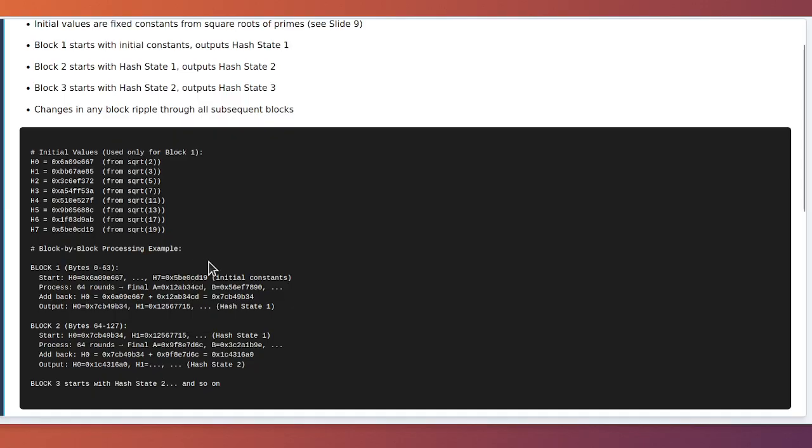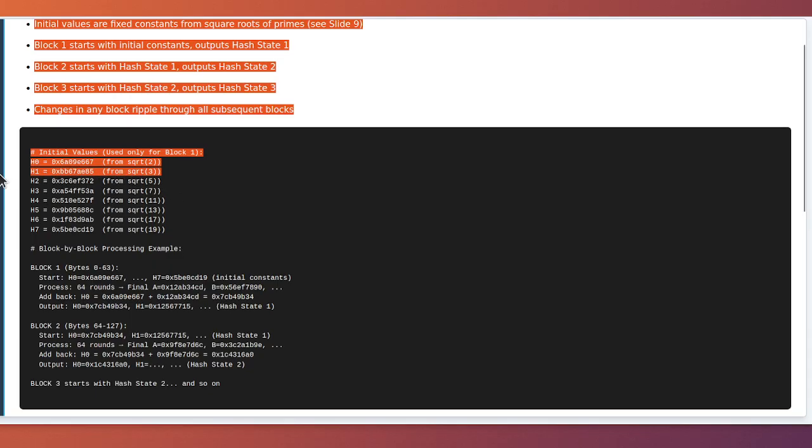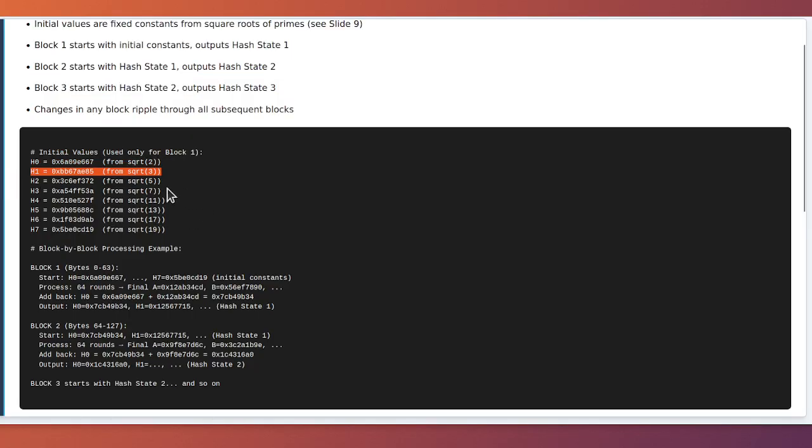Step 1 is initialization. We start by setting our 8 hash variables to the initial constants. Remember from slide 9, these are the "nothing up my sleeve" numbers derived from the square roots of the first 8 prime numbers. H0 equals 0x6a09e667, which comes from the square root of 2.